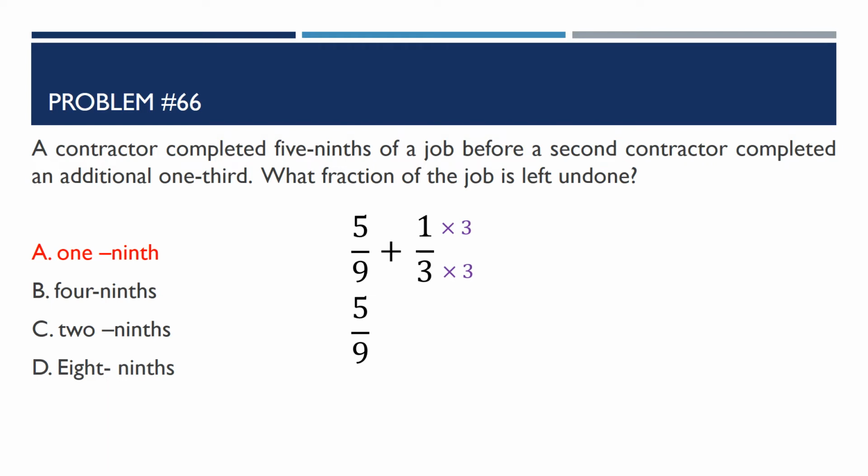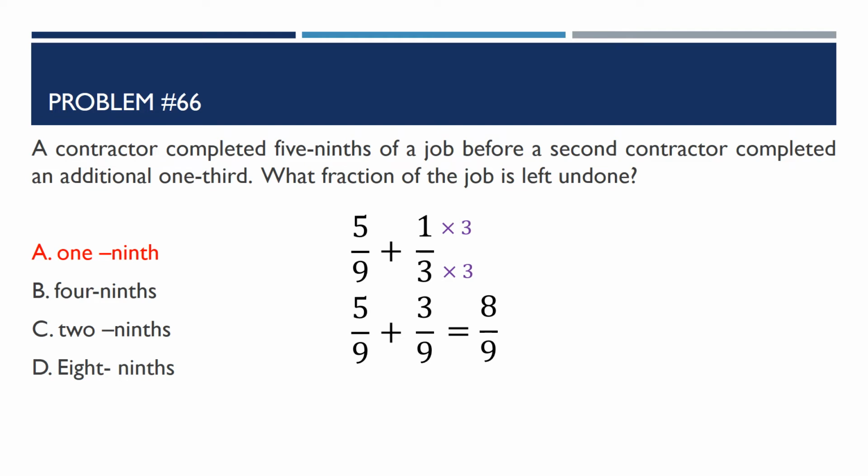Let's copy the first fraction, and the second fraction will become 3/9: 1 times 3 and 3 times 3, which is 9. Now they have the same denominator. We can combine them now. 5 plus 3 is 8. So it's 8/9.